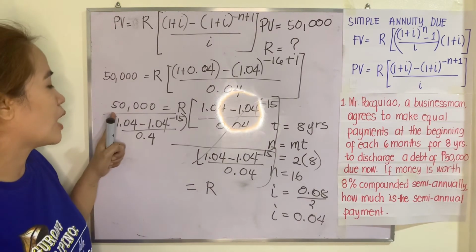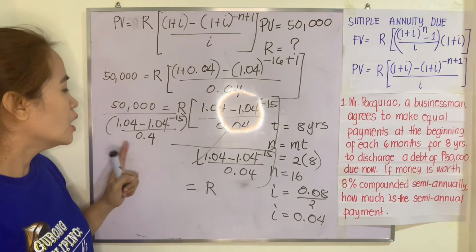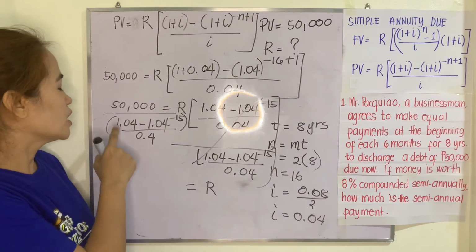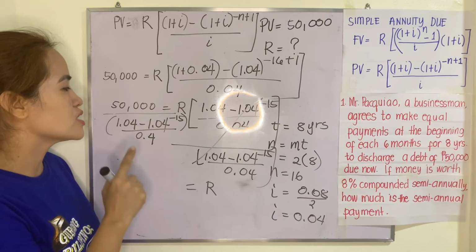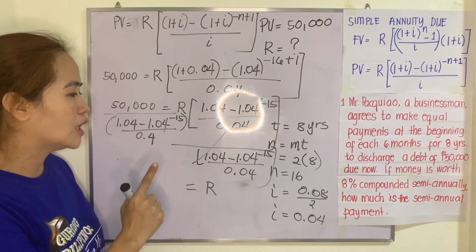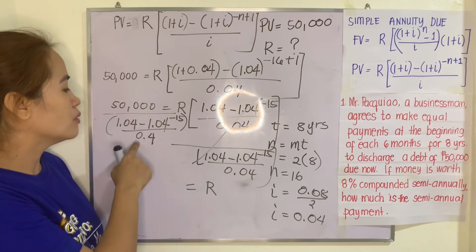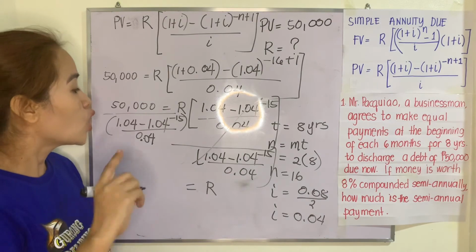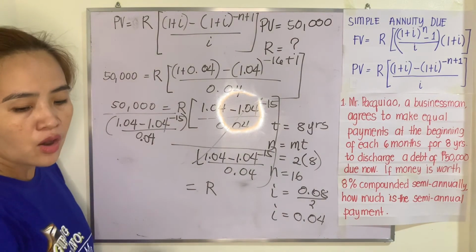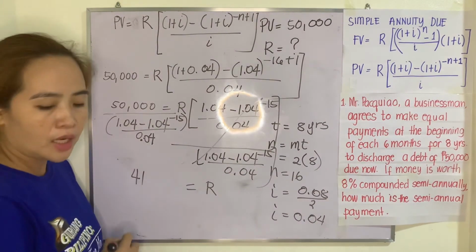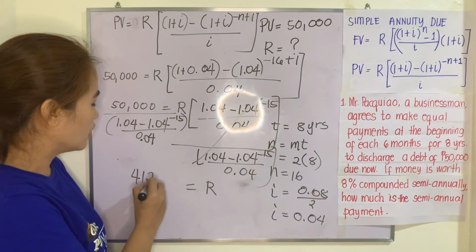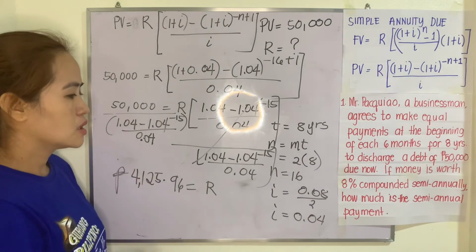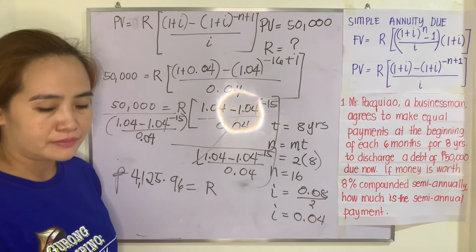You press 50,000 divided by open parentheses, open, 1.04 minus 1.04 raised to negative 15, close, divided by 0.04, close. You will be getting 4,125.96 pesos. That is the periodic payment.